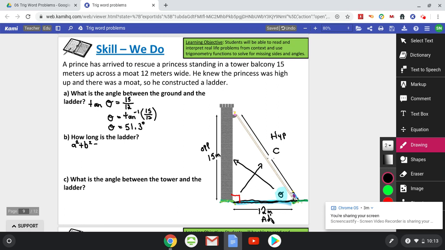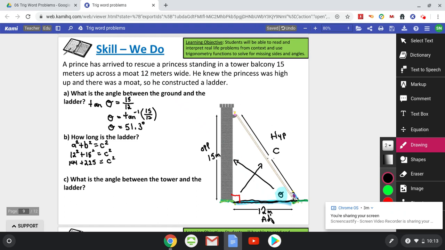Pythagorean theorem is a squared plus b squared equals c squared. a squared is equal to 12 squared. b squared is equal to 15 squared. And we do not know what c is. We'll solve for that. 12 squared is 144. 15 squared is 225. Equal to c squared.